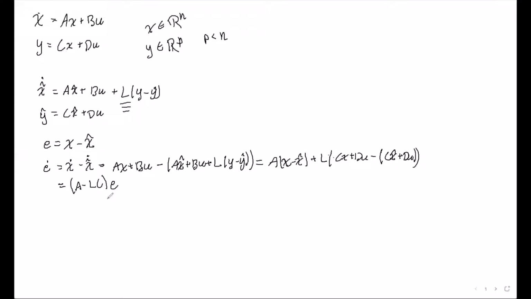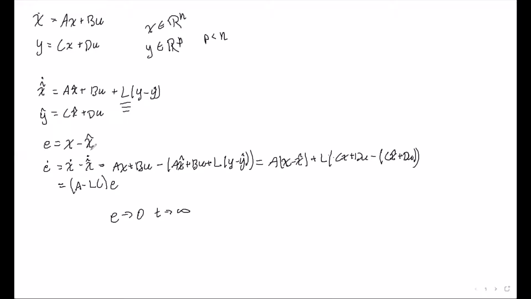Now, let us consider the desired behavior of E of t. We would like for E to approach 0 as t grows infinitely large. This means that the predicted state x hat converges to the actual true state.